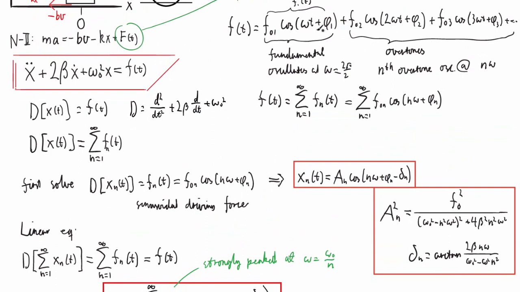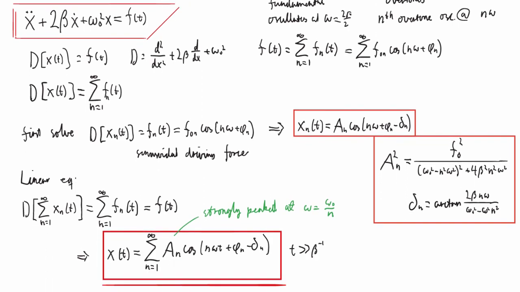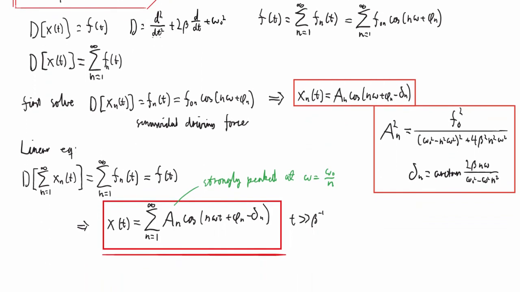If we halve the frequency, then now the first overtone will become resonant with the oscillator. And if you go to omega equals omega naught over 3, then the second overtone, which oscillates at 3 omega, will become resonant with the oscillator at frequency omega naught. So what we have here is a case where all the overtones can excite the resonance.